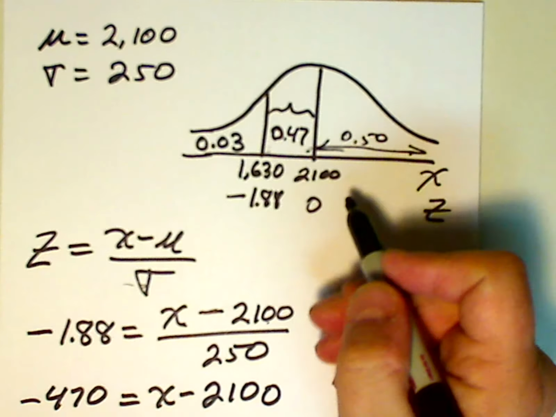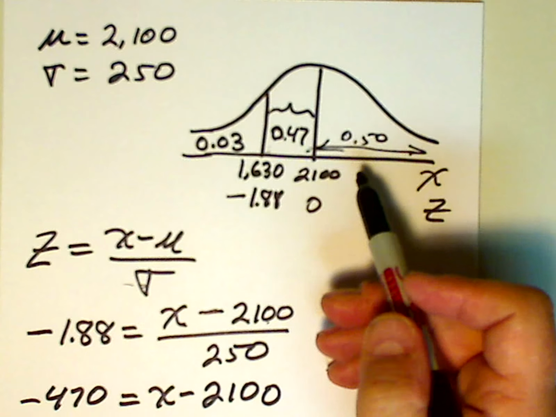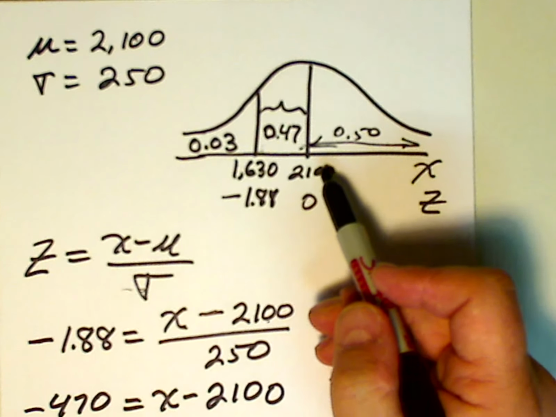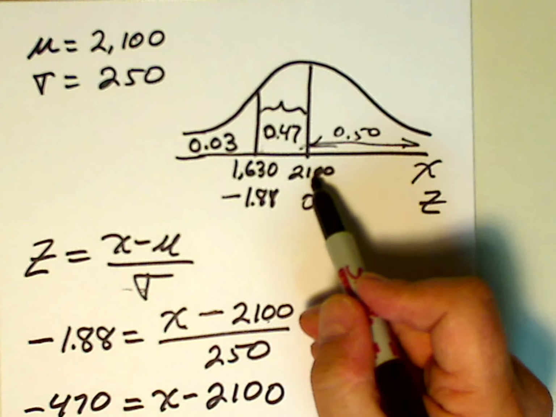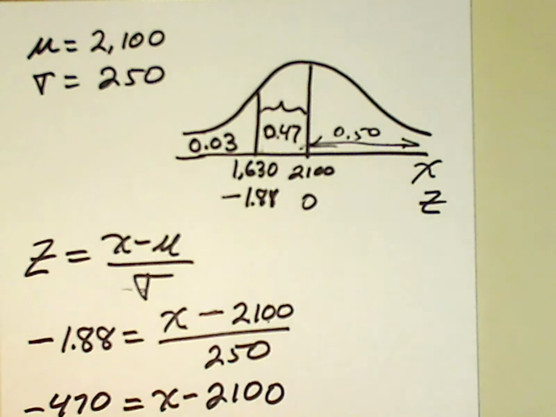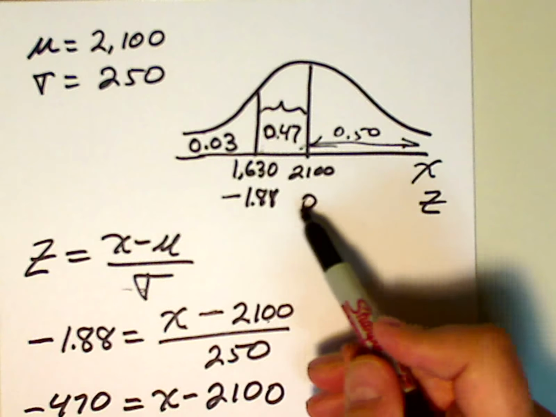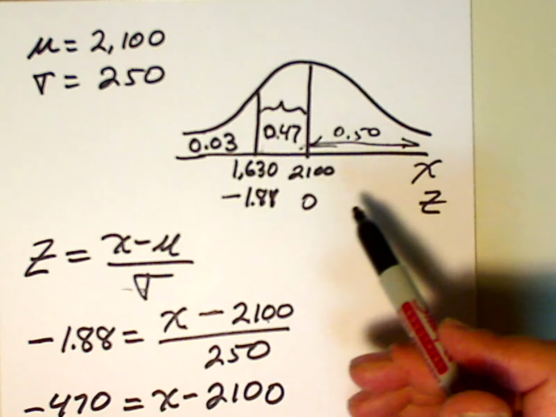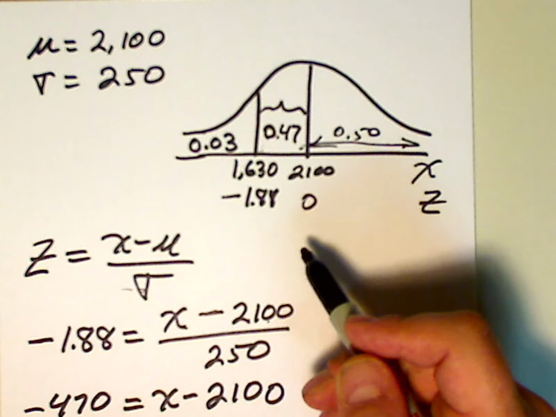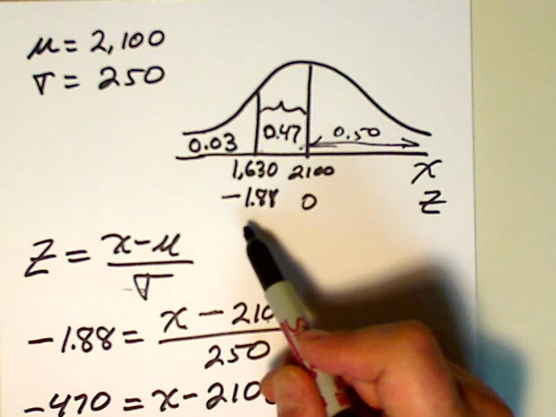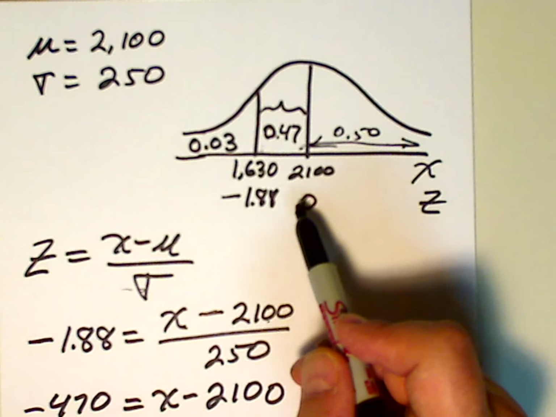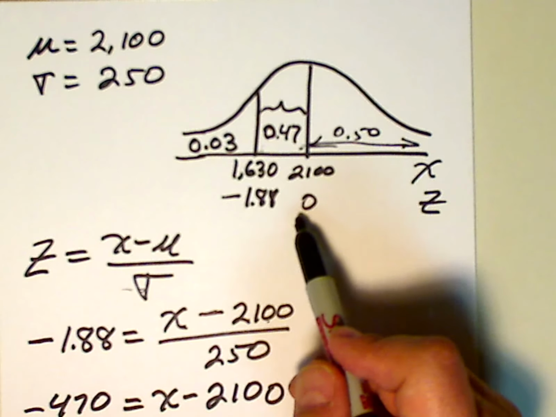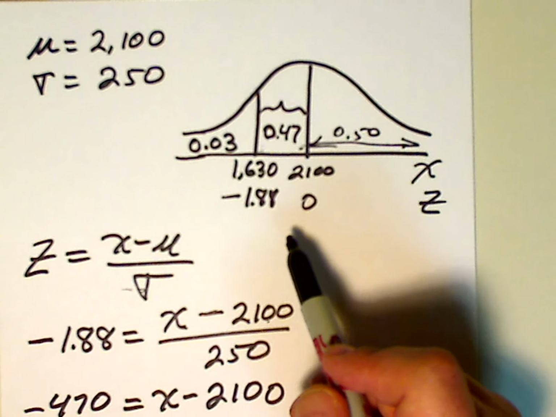Now, I just want to remind you of one important thing here before I finish, and that's these x values, 2,100 and 1,630, those are dollar amounts, right? Operating costs per hour. The z values, remember the standard normal distribution has a mean of 0 and a standard deviation of 1. The z values are units of standard deviation.